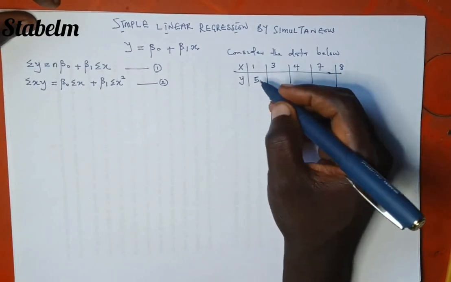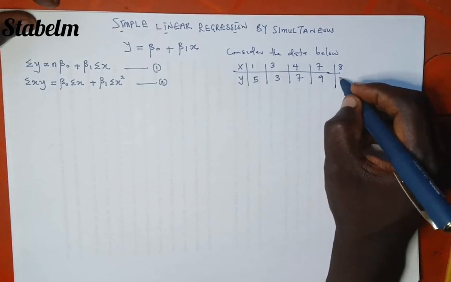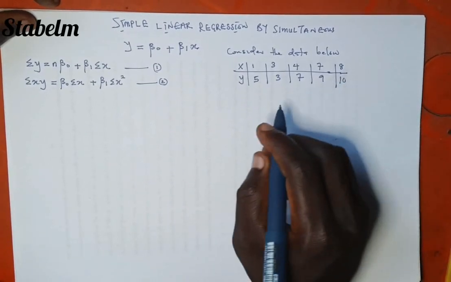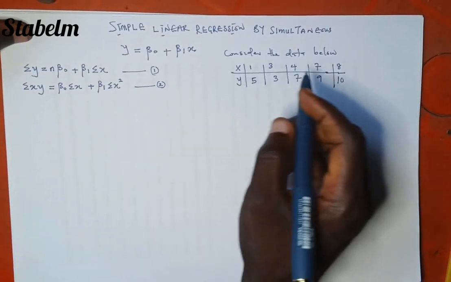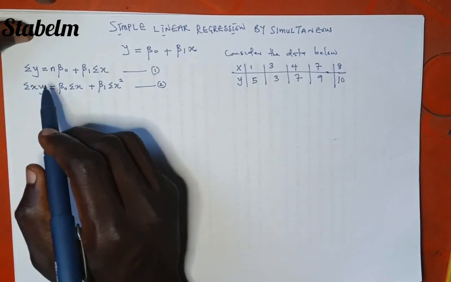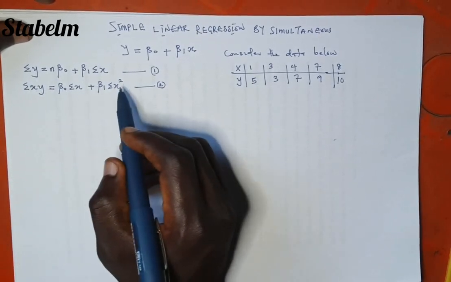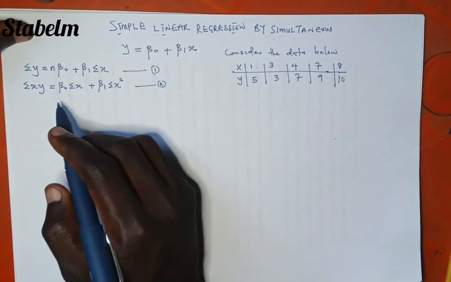We have y to be 5, 3, 7, 9, and 10. Alright. So from this now, let's formulate a table because we need summation x, we need summation y, we need summation x squared, and we need summation xy.